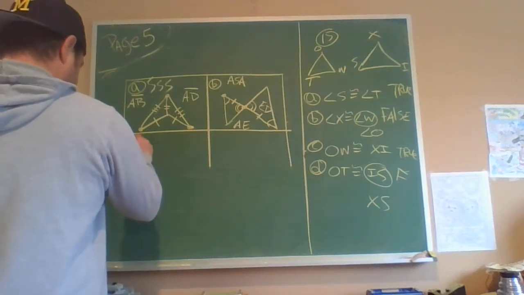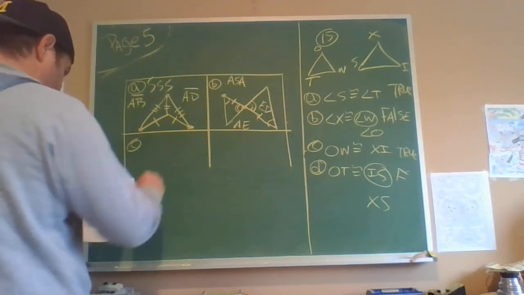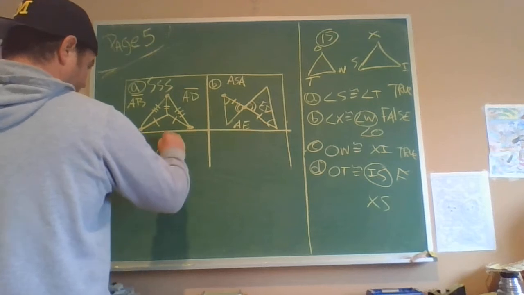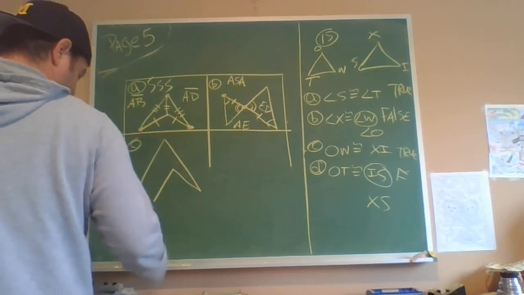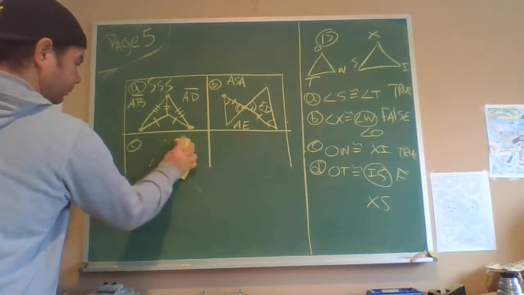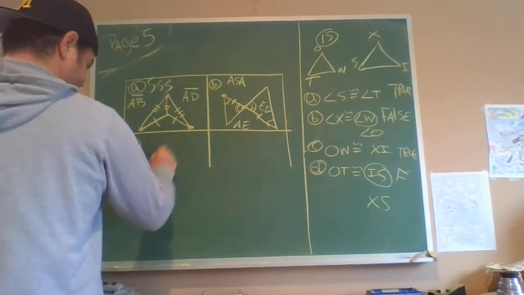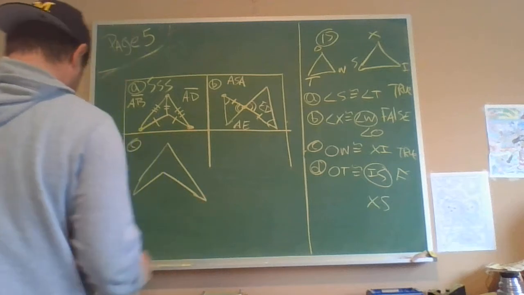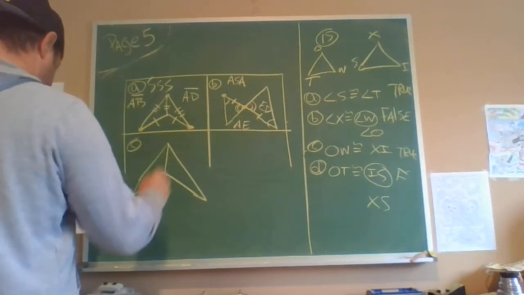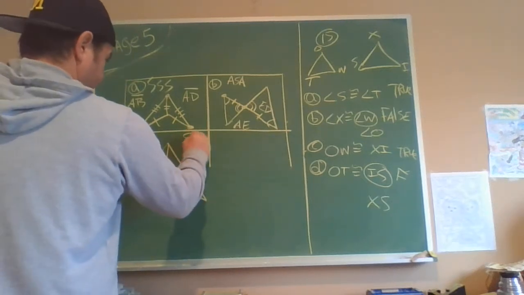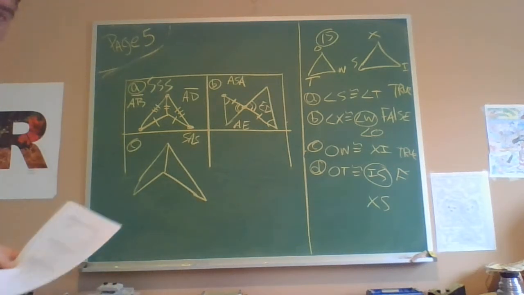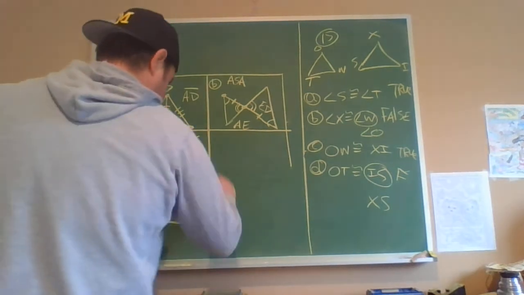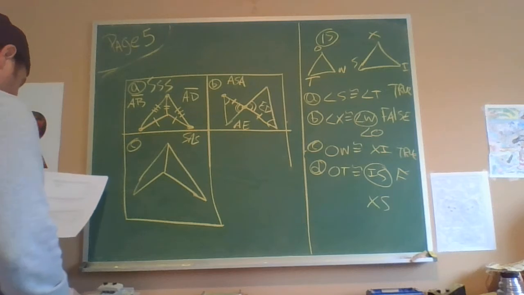Part C. This picture looks almost exactly the same as the one in part A. It's got this thing down the middle, and now we're hoping to use SAS. So what's the situation here?